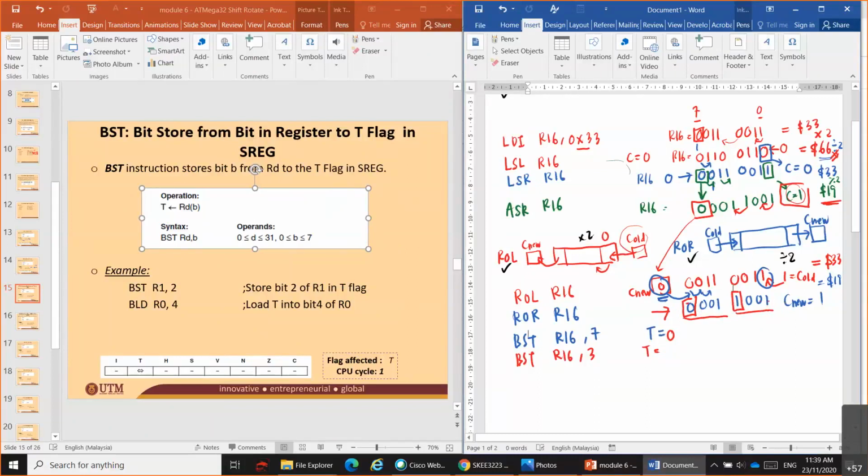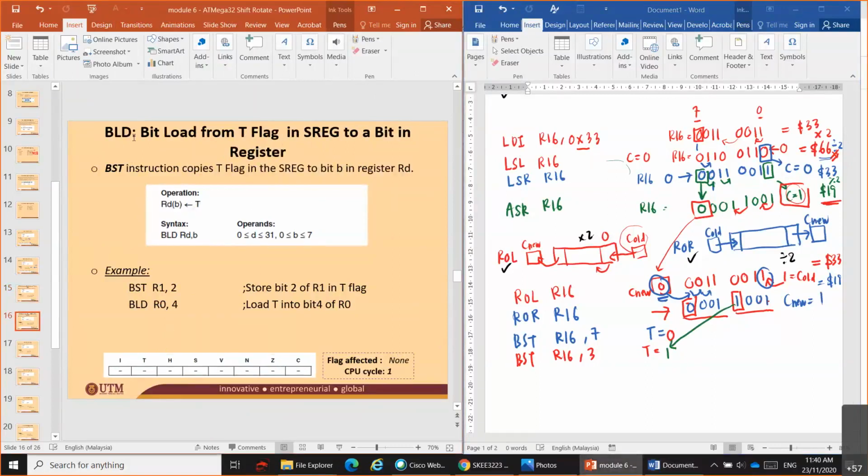So I take the value from bit 3 and put it in the T flag. So automatically your T equals 1. This is what the BST does: it stores a bit from your GPR to the T flag of your status register.